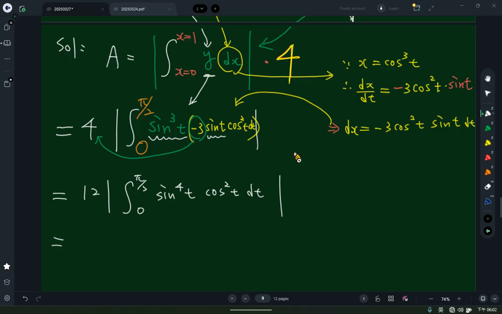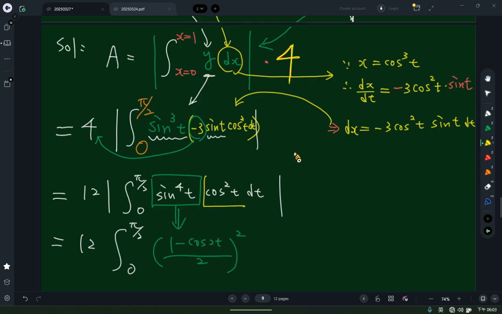Both of them are even, so we can use the half angle formula to convert it. So it will be 12 integral from 0 to 1/2 pi. Then for this part, we can reduce its power. Then it will be 1 minus cosine 2t over 2, squared.